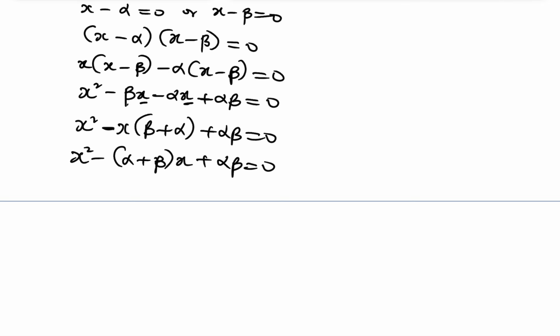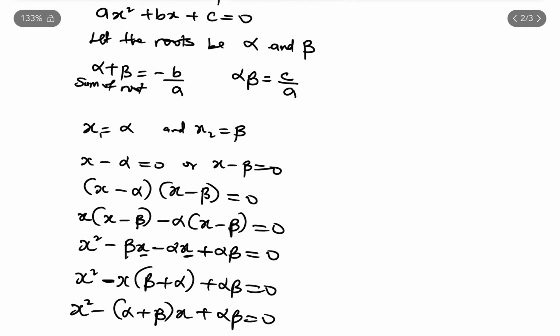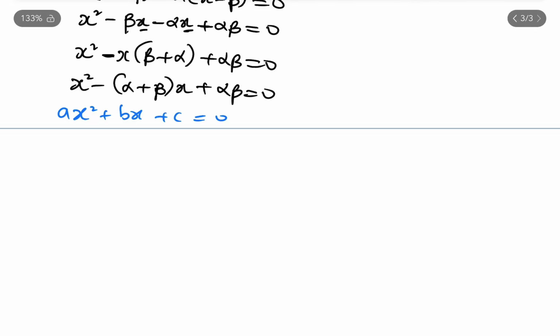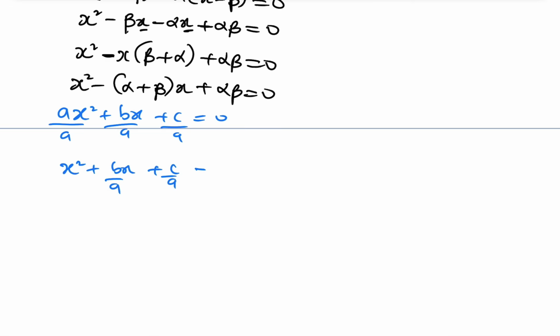If you compare it to what we have earlier, ax squared plus bx plus c equals 0, you discover that if you divide by a all through, let me write it down: x squared plus bx over a plus c over a equals 0. When you compare it, let me group them together.